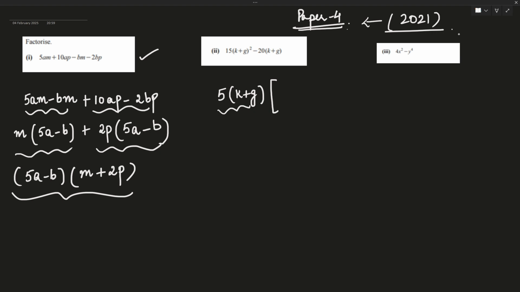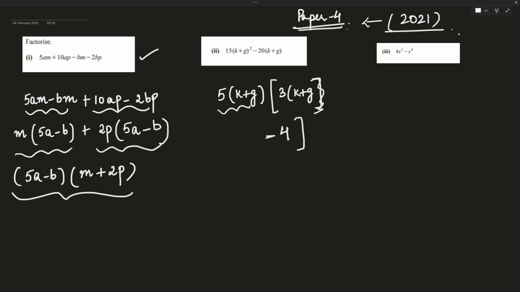We have to multiply it by 3 into (k plus g). When we multiply 5(k plus g) by 3(k plus g), we get 15(k plus g) whole square. Now what do we multiply 5(k plus g) with to get minus 20(k plus g)? We'll multiply it by 4.